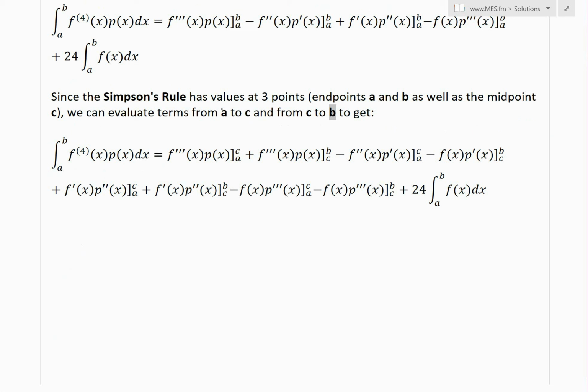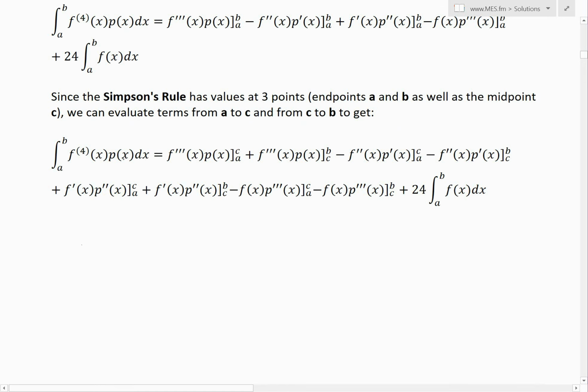And what we get right here is the integral from a to b of the fourth derivative of f of x times p of x dx equals, well, this is the first point from a to c, and then from c to b, and then minus from a to c of this second derivative, first derivative of p of x, etc. And again here, the second derivative, first derivative, and then from a to c, c to b.